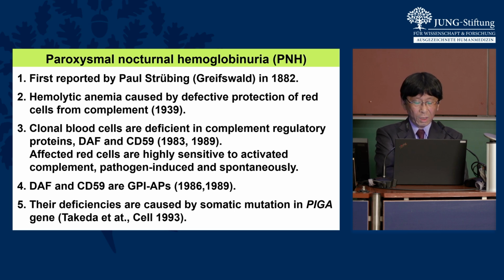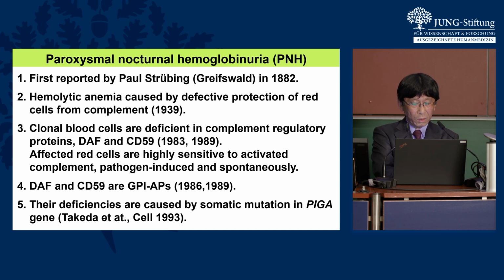Namely, it was found that in the abnormal clonal blood cells, the two complement regulatory proteins, DAF and CD59, are missing. And this makes the affected cells highly sensitive to activated complement, either the pathway-induced strong activation of the complement or the spontaneous activation of the alternative pathway.